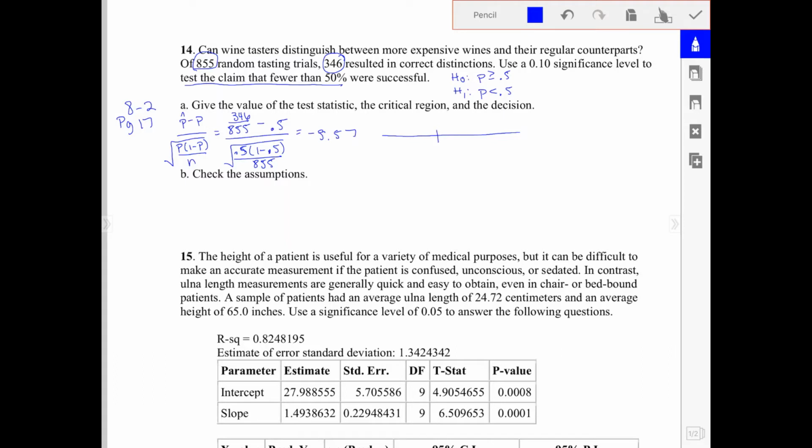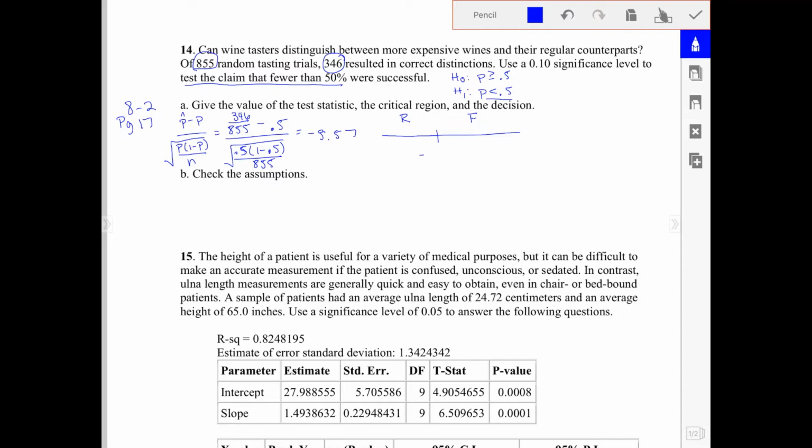Then my critical region, so this one is one-tailed. Back to this null or alternative hypothesis, p is less than 0.5. So I'm going to have my rejection region on the left side because it's less than, and my fail to reject on the right.